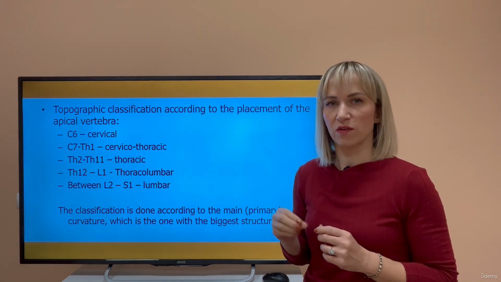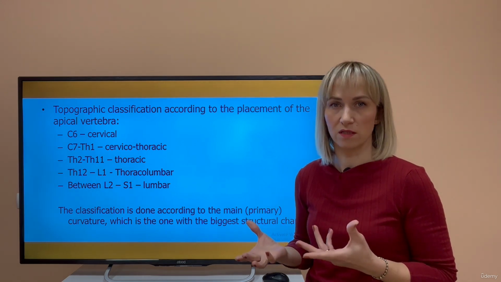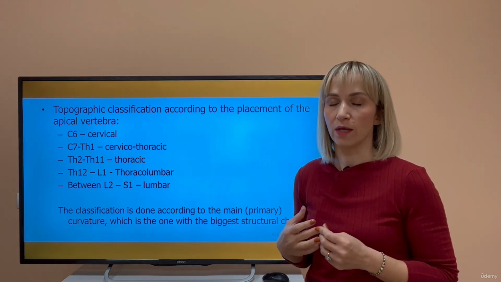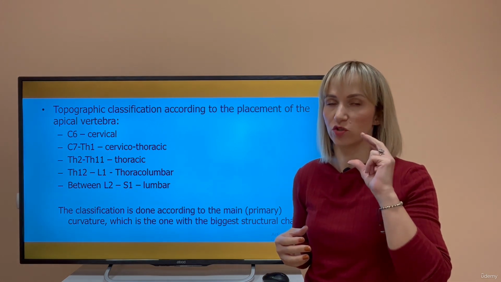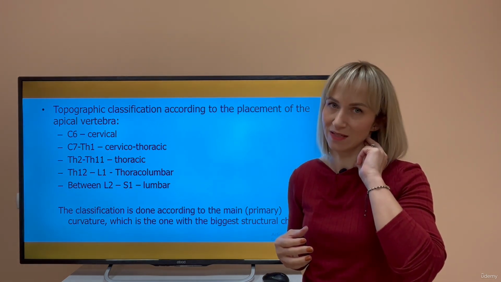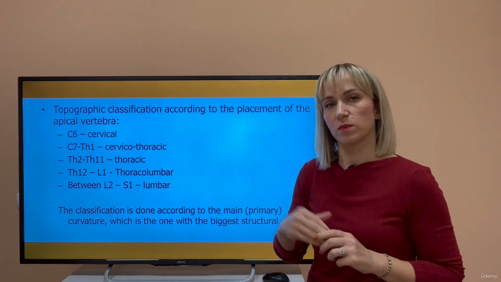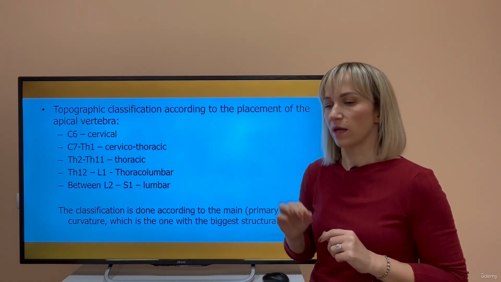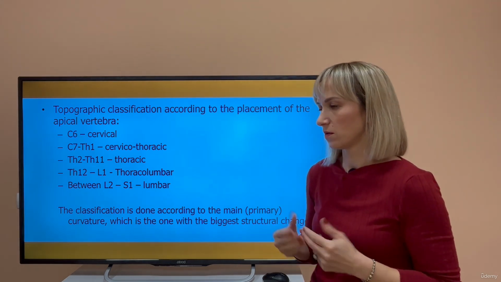Most of the time the cervical scoliosis comes from a traumatic incident, or maybe a congenital incident like torticollis, where we have a contraction of the sternocleidomastoid muscle. Then we have the cervicothoracic spine, which means between C7 and thoracic 1. This is also mostly a congenital reason.